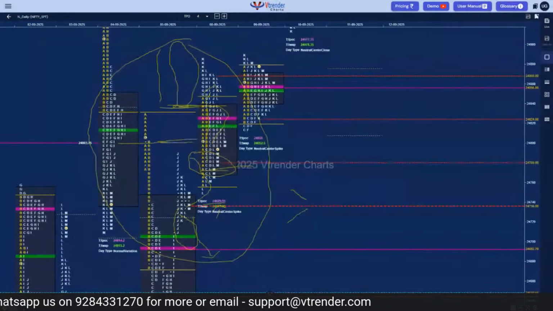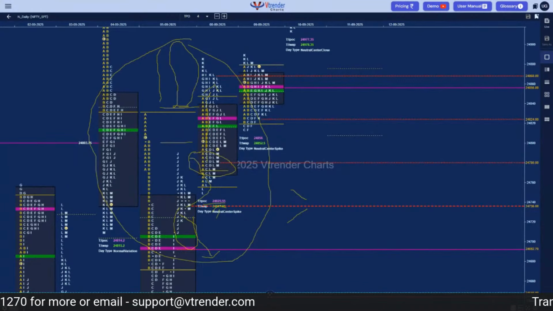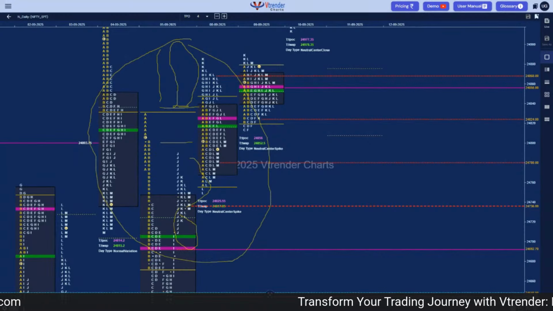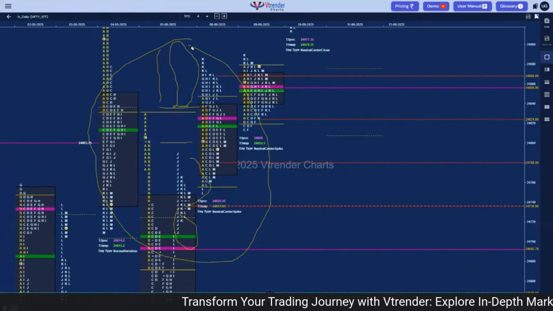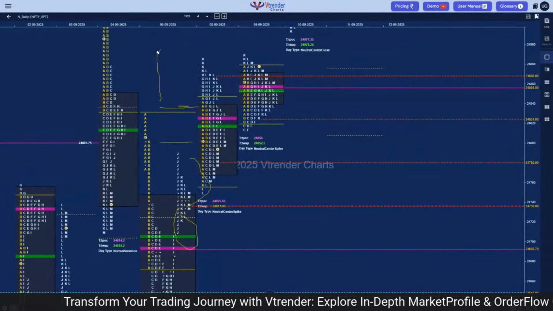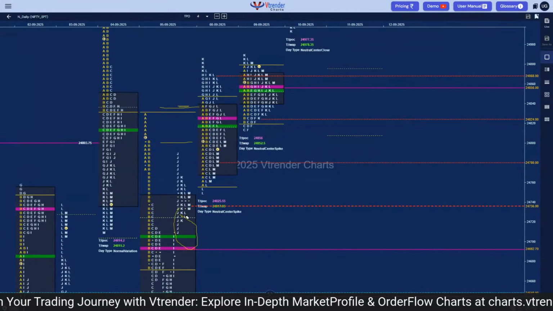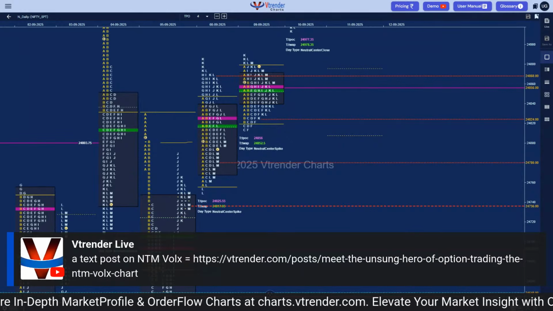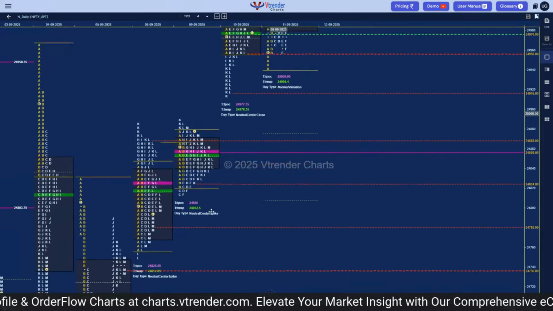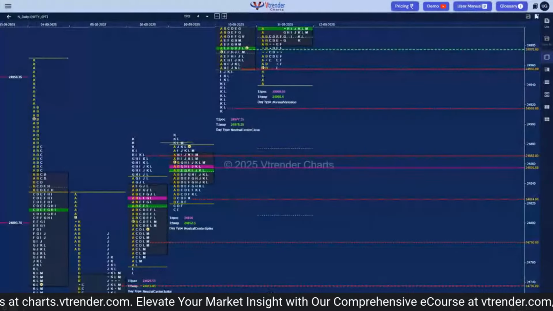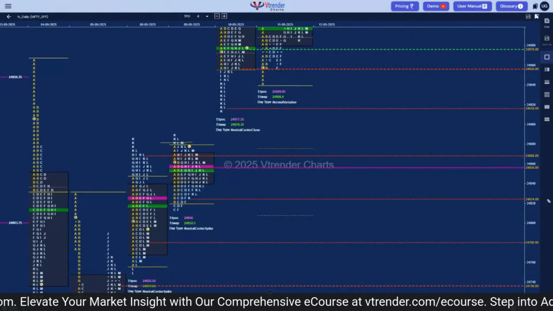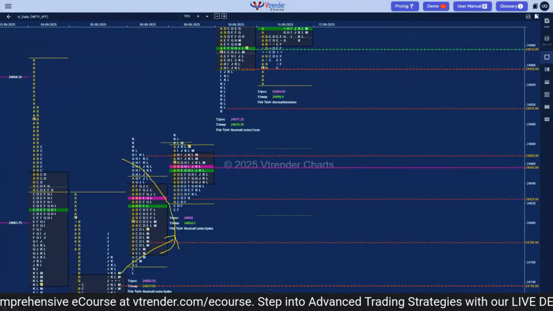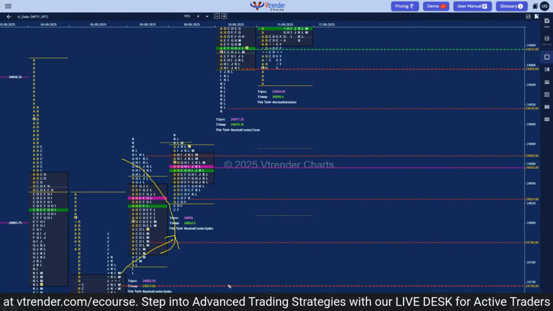That is why we have these monthly references marked up and we make sure we have them in every session, so that whenever we are leaving a mark, we know how it is phasing out. So you can see how we formed higher value after we left that low at the monthly POC.